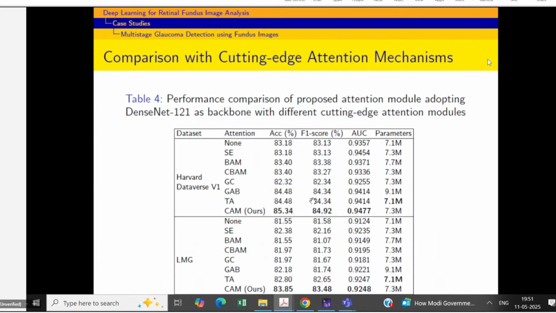This also helps in increasing the performance significantly compared to the traditional attention mechanisms which we have seen, like squeeze and excitation, CBAM, global context, global attention block, triplet attention block, and many more. You can see the number of parameters is a little bit higher compared to the others, of course, but it is very marginal. The accuracy or the performance is relatively better compared to the other attention mechanisms.